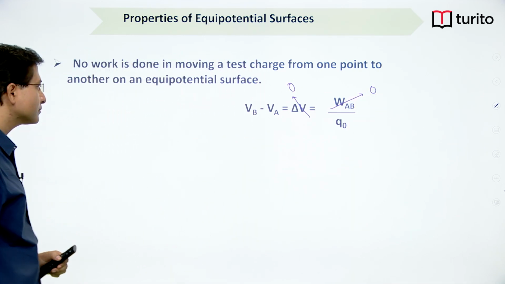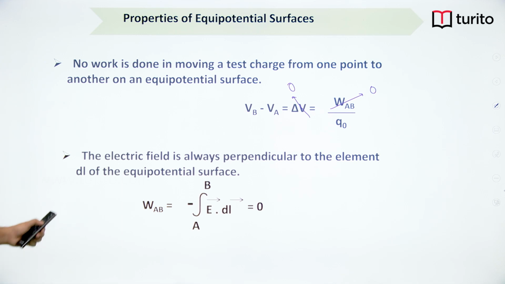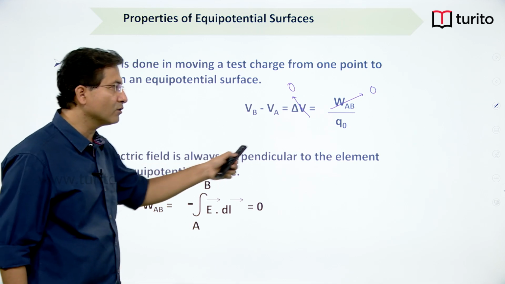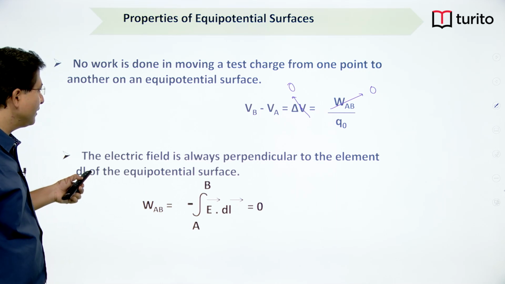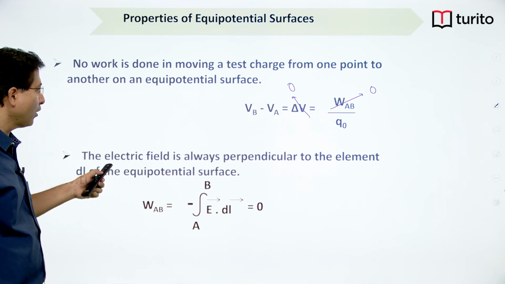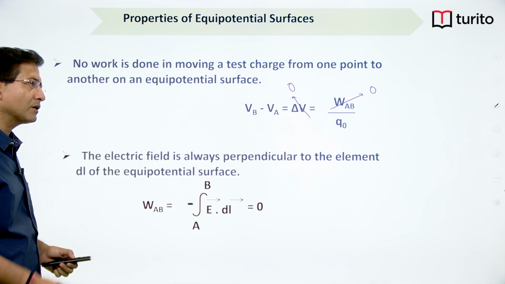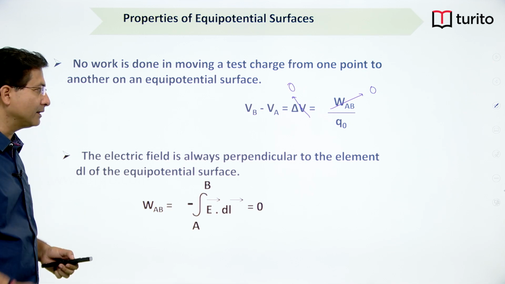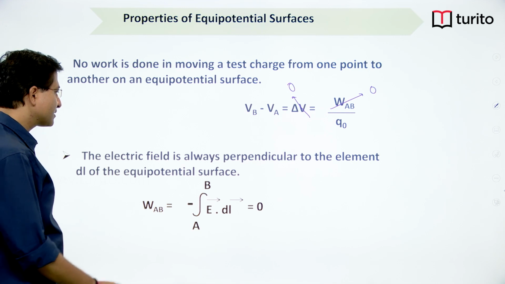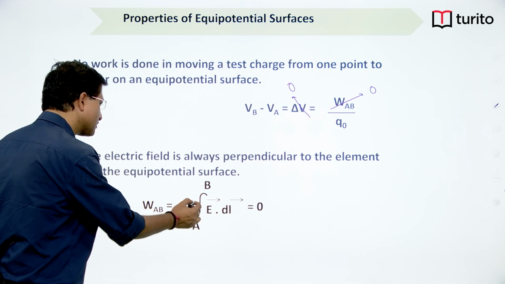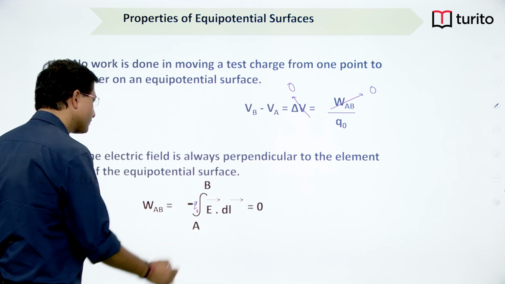This is the first point. Second point, the electric field line is always perpendicular to the element dl of the equipotential surface. So, on an equipotential surface, if you take a small element dl, the work done by the external agent, we know, if I multiply this by q naught, right.